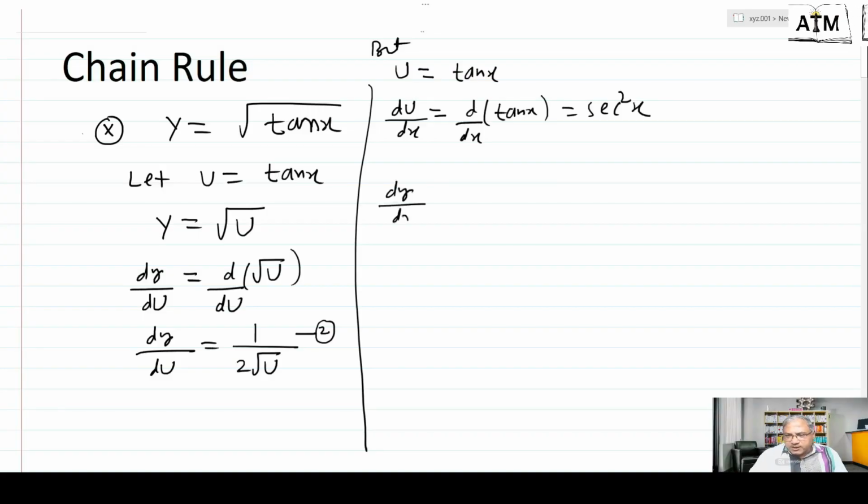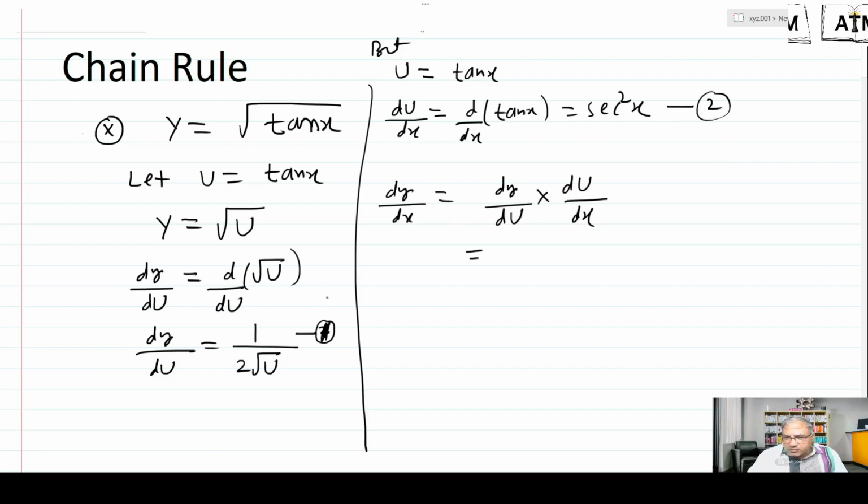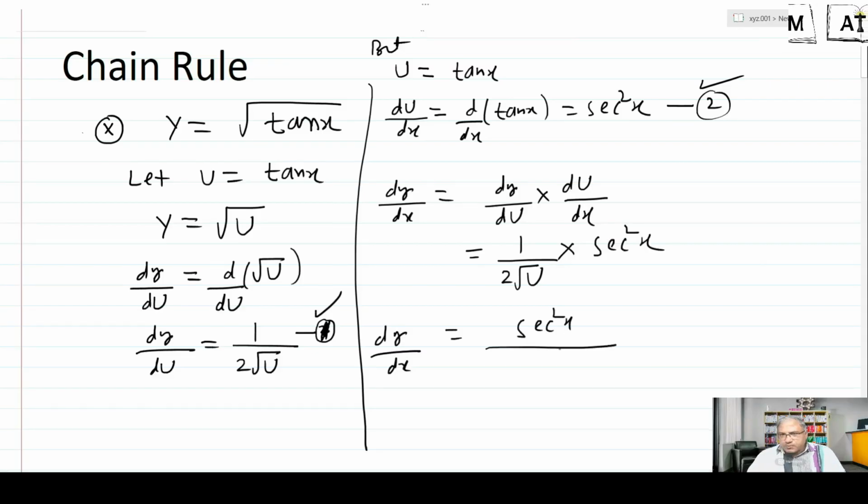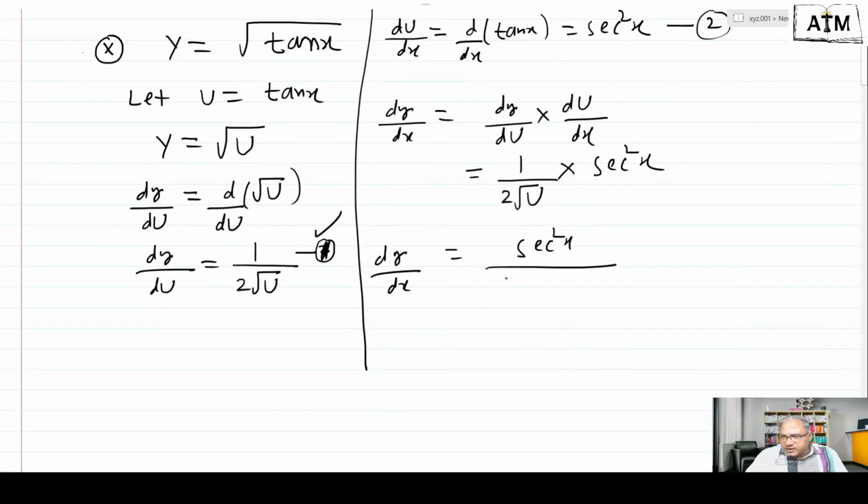Now dy by dx equals dy by du into du by dx. I corrected equation 1 here and equation 2. dy by du is nothing but 1 upon 2 root u, and du by dx is nothing but sec square x. So dy by dx equals sec square x upon 2 root u. What is u? u is nothing but tan x.